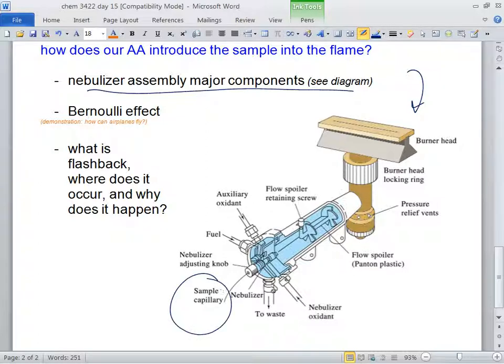So you've got a beaker here or something, and your solution is there, and it's sucking it up into here. And there's a nebulizer. So what is a nebulizer doing? Let me show you here. See if I can get this going again.